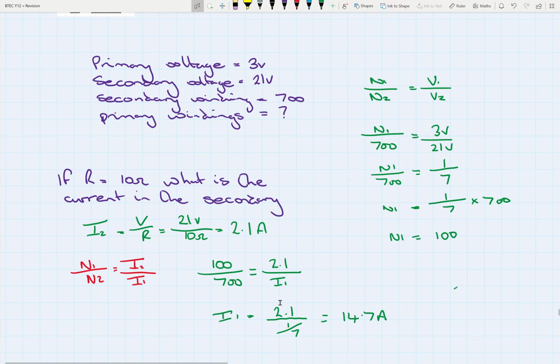So we can see that we've got a step up in voltage, but the current is going down from primary to secondary. It's less likely that you're going to get asked to calculate the current from primary to secondary, but there you have it anyway.